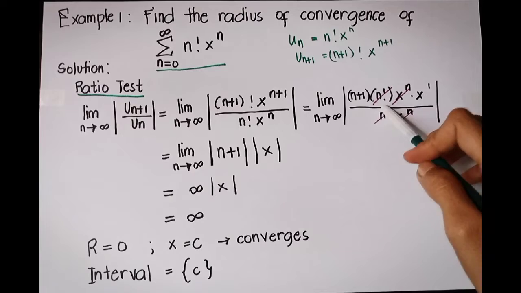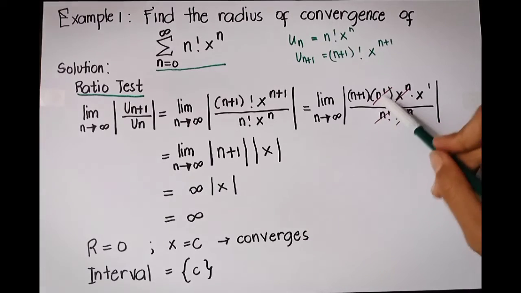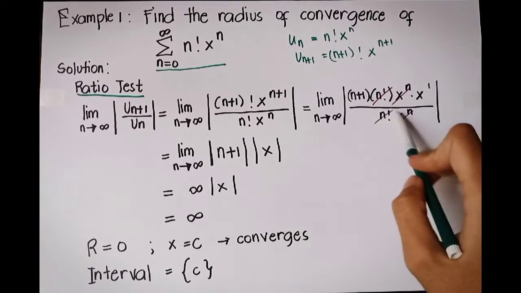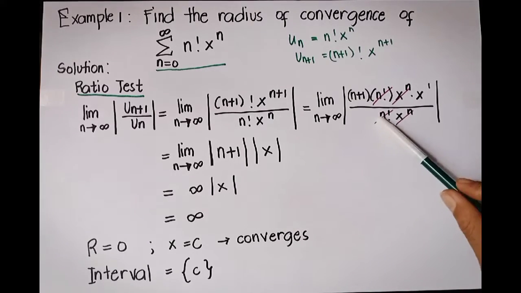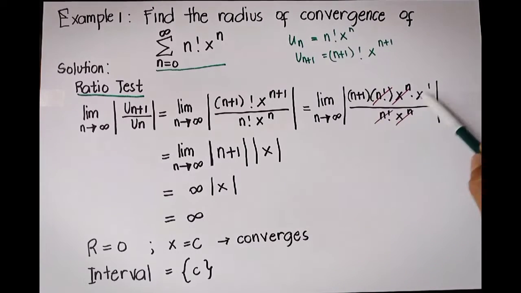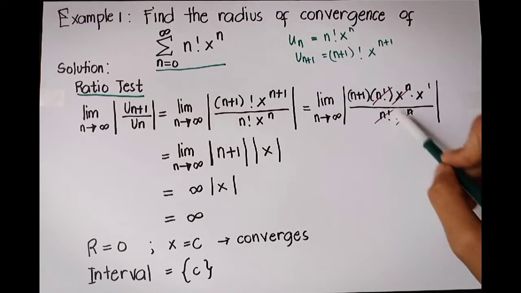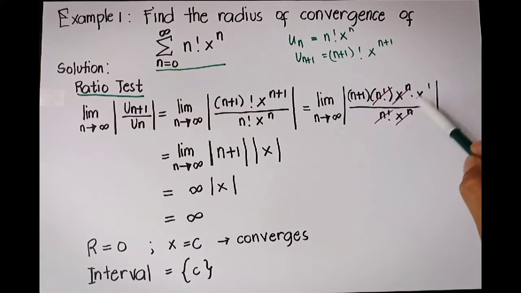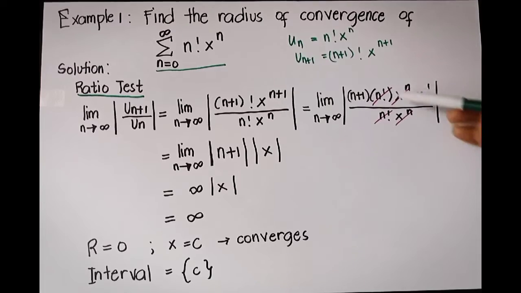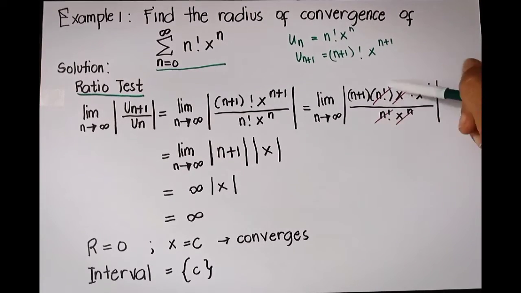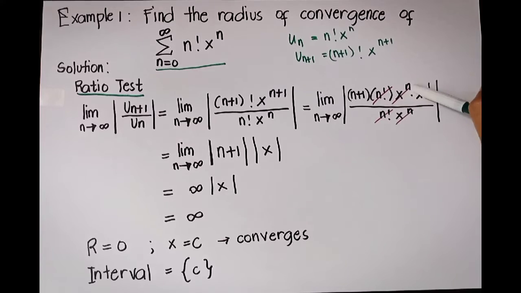So n plus 1 times the quantity n factorial, to cancel the n factorial from below, times x raised to 1, all over n factorial times x raised to n. So cancel the same expressions: the n factorial and the x raised to n from below.